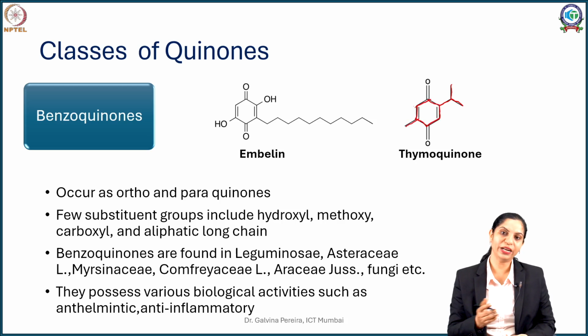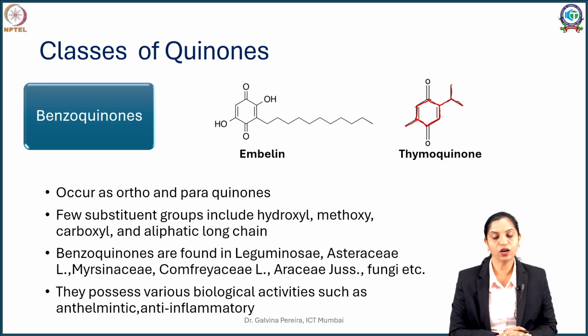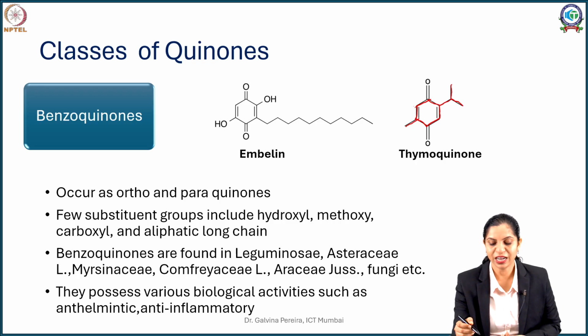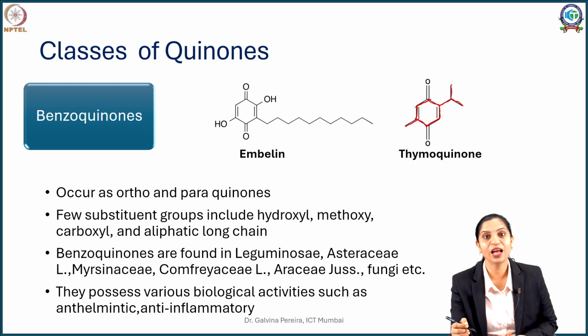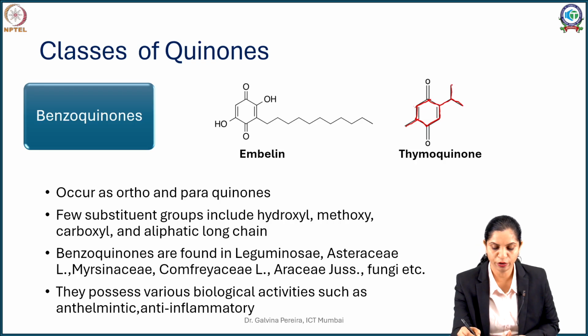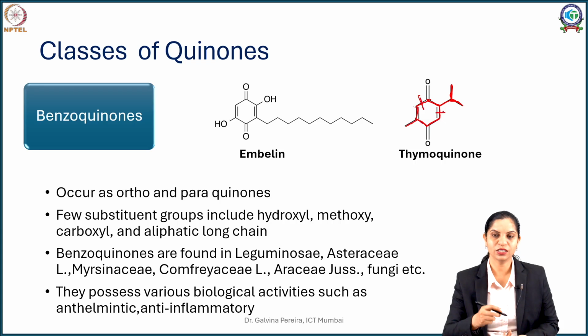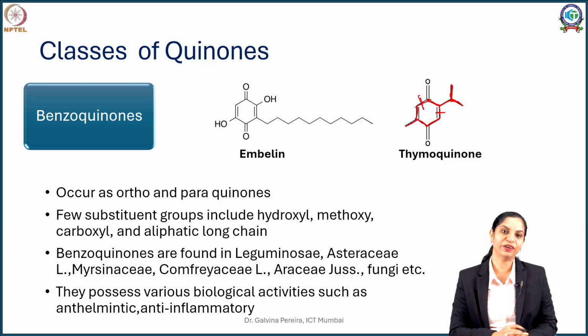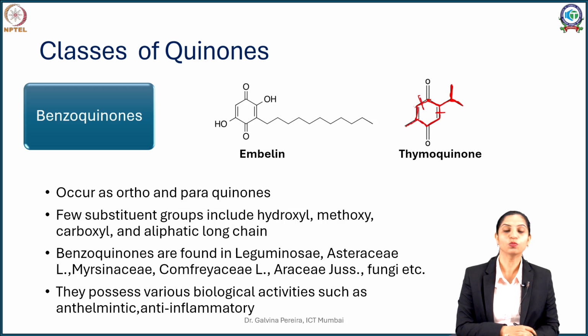So thymoquinone is one example of a quinone derivative which has come out from isoprene synthesis. So you remember this? This is your 1, 2, 3, what we called the head, 4, 5, cut it here, and then 1, 2, 3, 4, 5, cut it here. So this is a typical isoprene derivative, whereas embelin is more of a polyketide synthetic derivative.